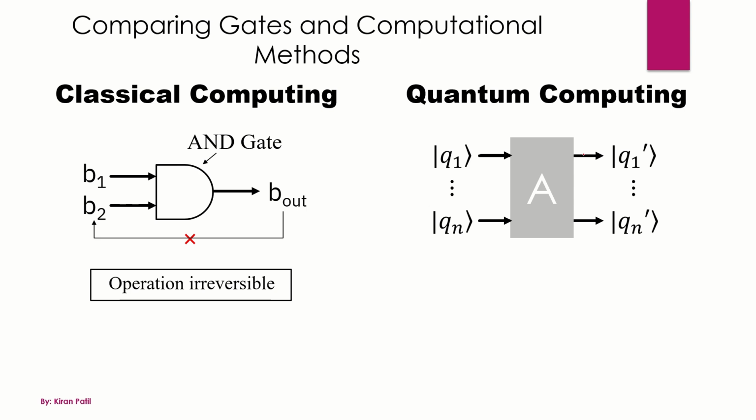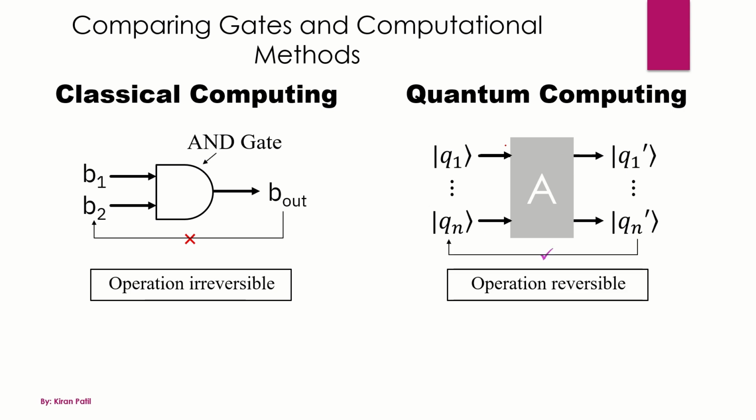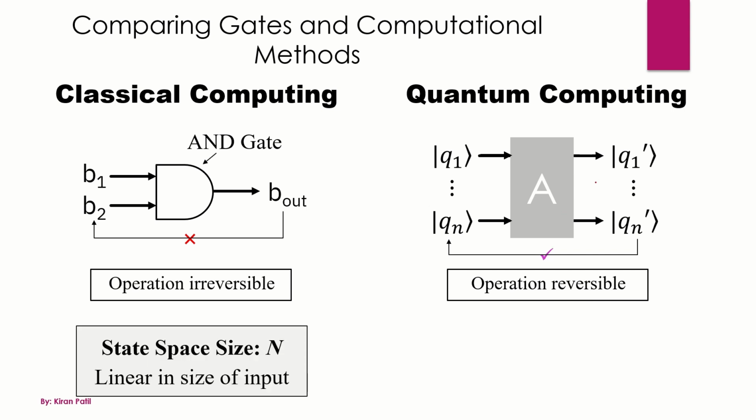But in a quantum computer, when you give multiple inputs, we get multiple outputs, so it is easily reversible. So the next difference is that operations in classical computing are irreversible, as we have seen with the example of the AND gate, and operations in quantum computing are reversible, as we have seen with this example.